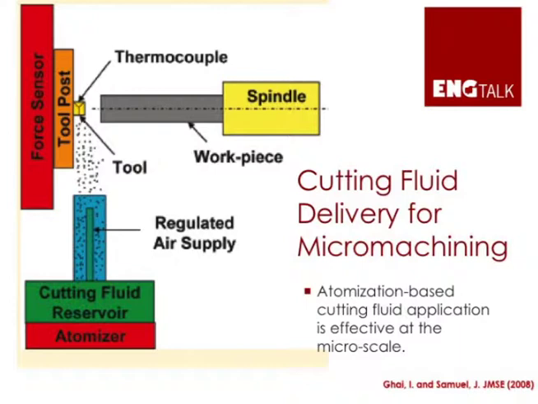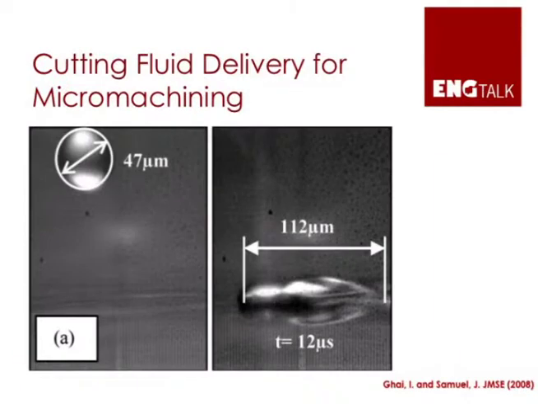So we are able to churn out cutting fluid droplets. These droplets could be as small as 20 to 40 microns in diameter. And when these droplets of cutting fluid reach the cutting zone, they're able to penetrate that tiny interface between the tool and the workpiece and provide lubrication.